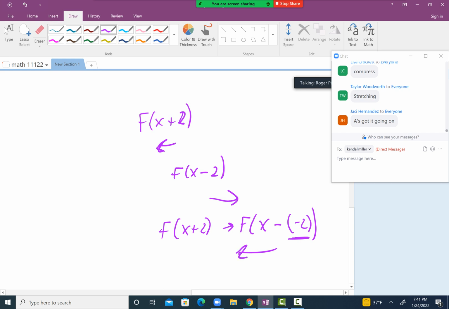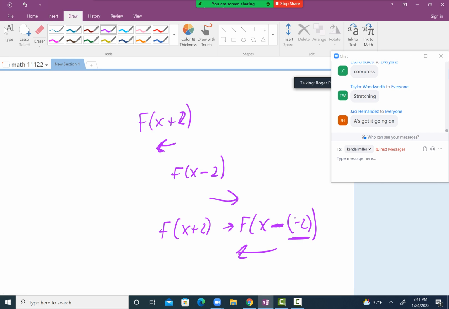So when we see this plus 2, we can't automatically assume that it's going to move to the right because it's positive. No, that's not the case. Because inside that original expression I wrote, I made that a minus because that is what it is. So it's always going to be the opposite. If it's f of x minus 2, it's going to go to the right.